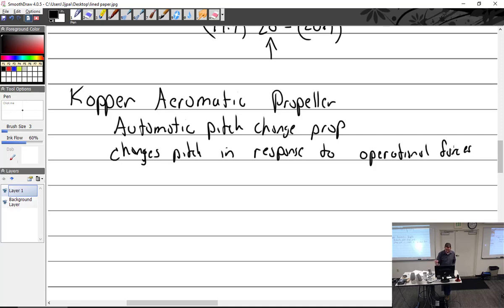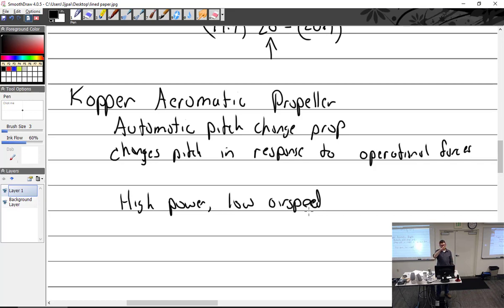At high power, low airspeed, the prop should be in... okay? High power, low airspeed. Where am I going to see high power, low airspeeds in an aircraft? Climb, which is takeoff, right? Throttle's jammed all the way forward. You're climbing, you're going to be pulling back.